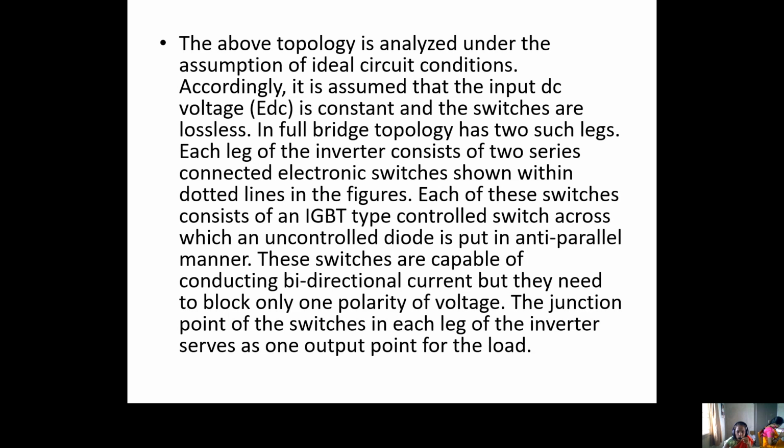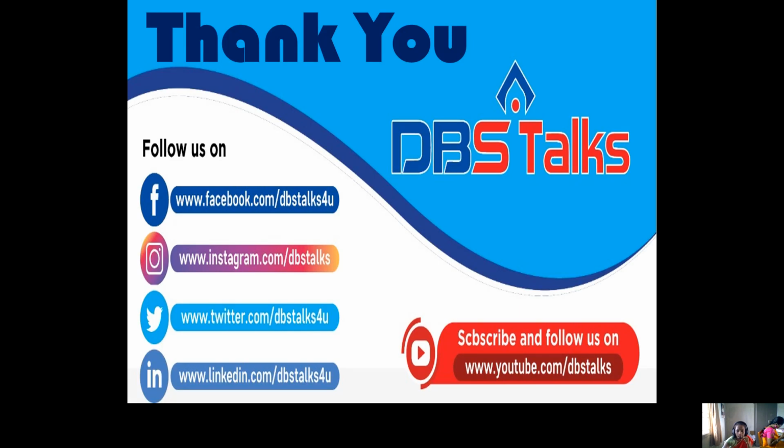Each of these switches consists of an IGBT type controlled switch across which an uncontrolled diode is connected in anti-parallel. So these switches are capable of conducting bidirectional current, but they need to block only one polarity of voltage. So the junction point of the switches in each leg of the inverter serves as an output point for the load.